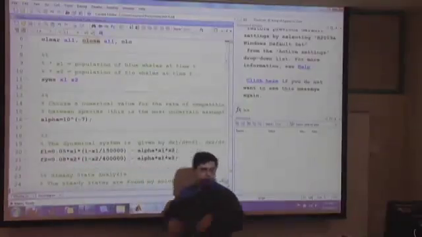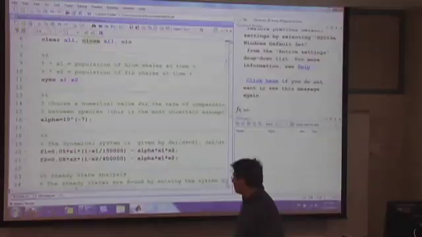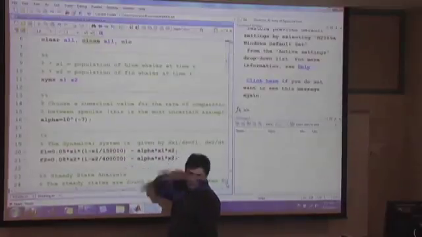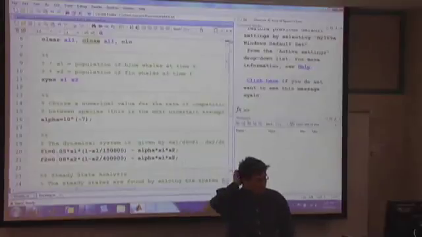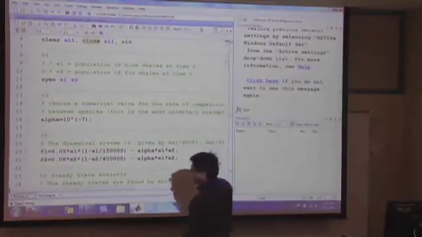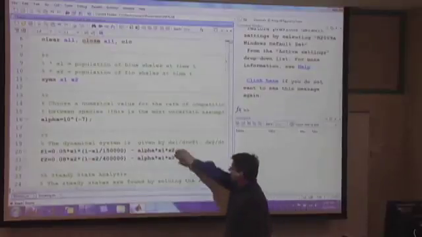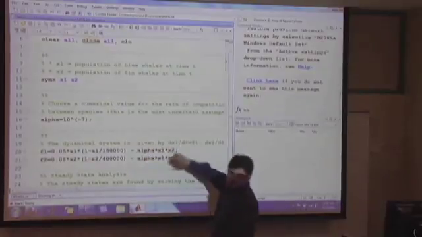The smaller the animal, the higher the intrinsic growth rate would be. Also, the maximum sustained population is 150,000 for blue whales and 400,000 for fin whales, right? Has to say something about the size, I guess. And then, right, so this is the right-hand side of that system.